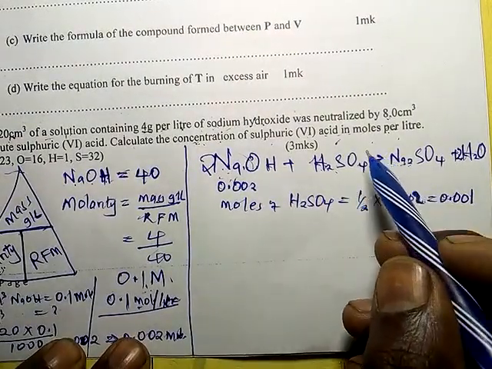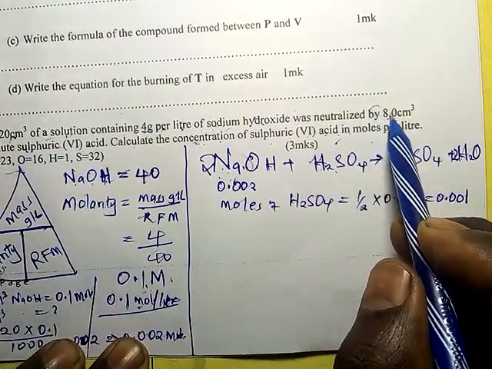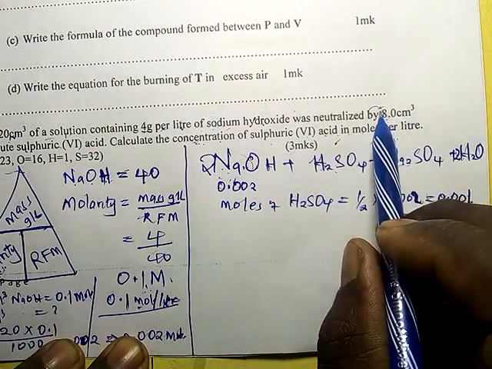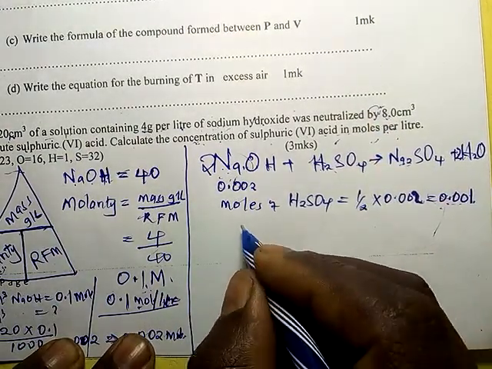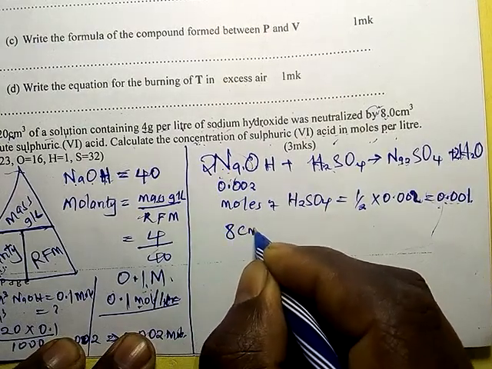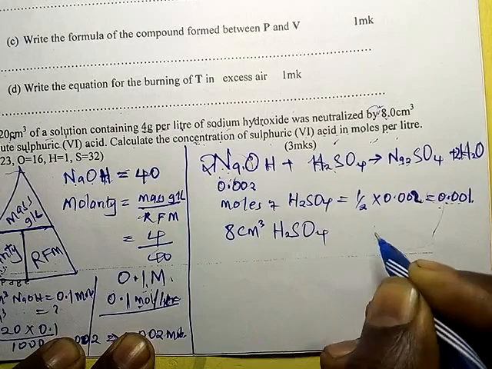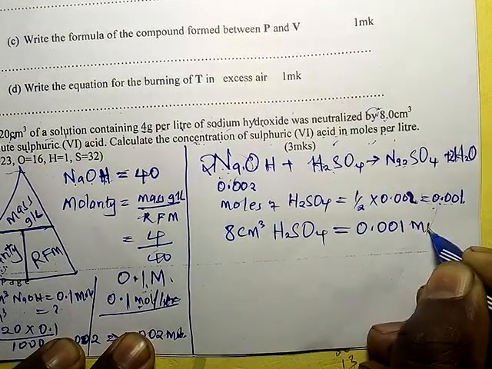But we know the volume of dilute sulfuric acid that was used, 8 centimeters cube. So this number of moles, 0.001, is in this volume. What about 1,000? As simple as that. We ask: 8 centimeters cube of sulfuric acid contains 0.001 moles.